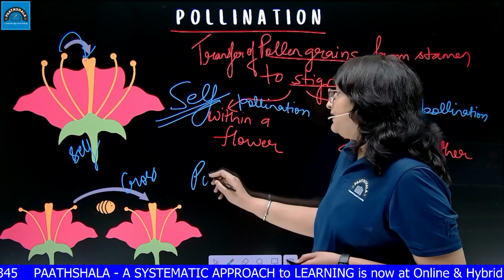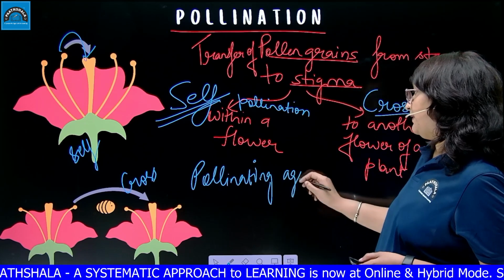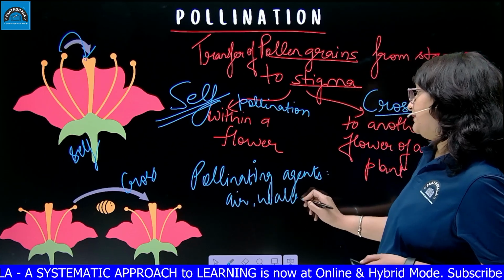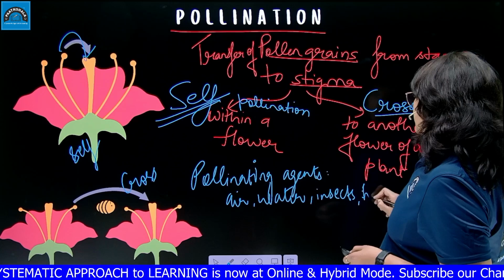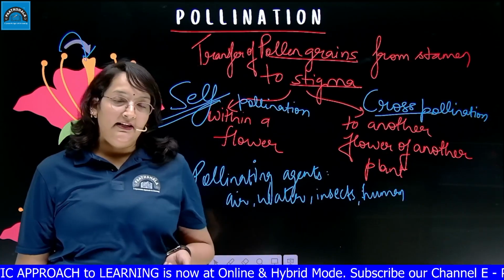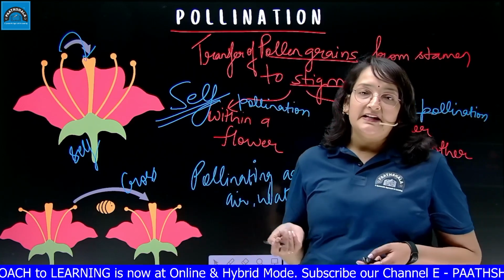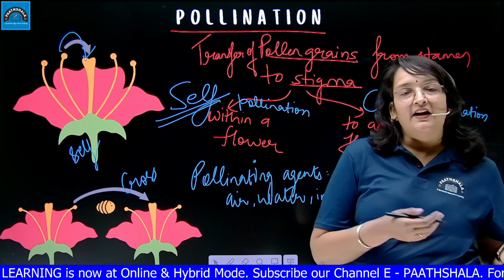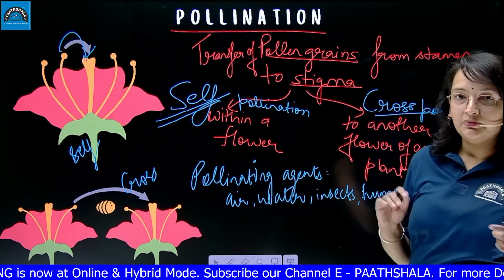The pollinating agents can be air, water, insects, humans, etc. Cross-pollination generally requires pollinating agents where air can play its role, water can play its role, or it can be with the help of insects or even humans. We also transfer pollen grains from one place to another, or from one flower to another flower. This is the transfer of pollen grain from stamen to the stigma.